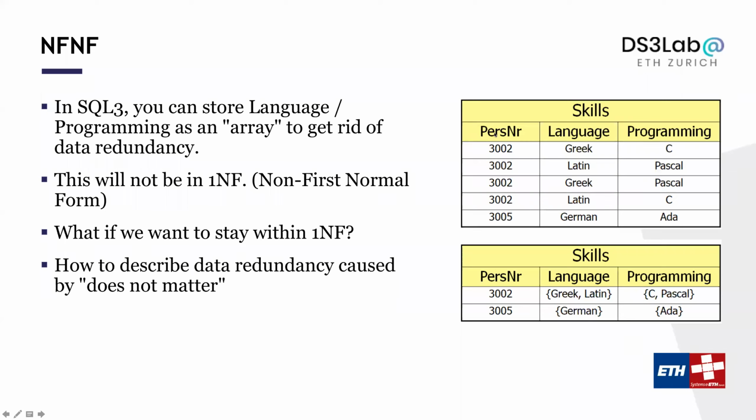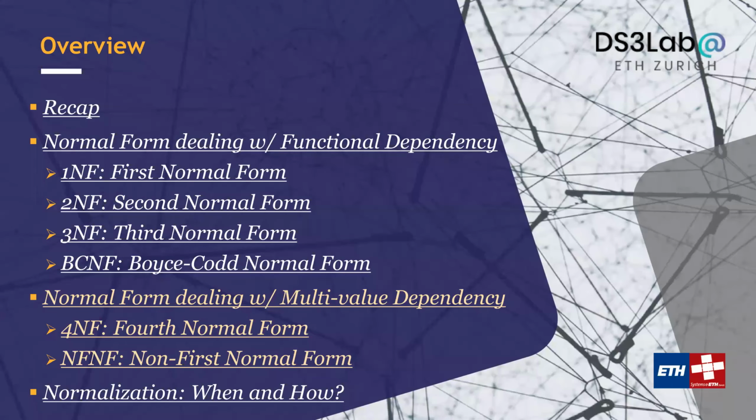That is the thing you want to express. And clearly, functional dependency doesn't give you that. So if you really want to stay in first normal form, we need to define a new notion of dependency. And that gave us something that we call multi-value dependency, and a new normal form associated with that, which we call the fourth normal form.